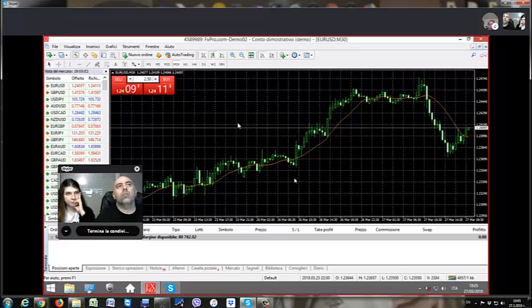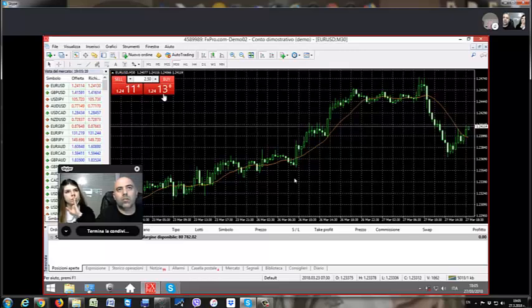Remember that between me and you, a normal difference of one pip and a half is okay, because it depends on your provider's spread. If it is 2, 3, 4, 5 pips, there is something wrong.